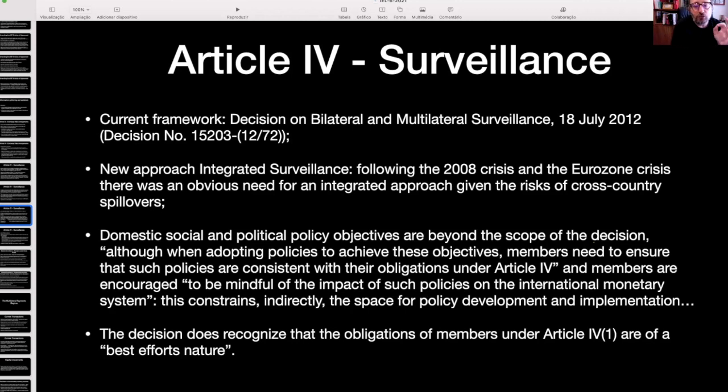members need to ensure that such policies are consistent with their Article 4 obligations, and they are encouraged to be mindful of the impact of such policies on the international monetary system.